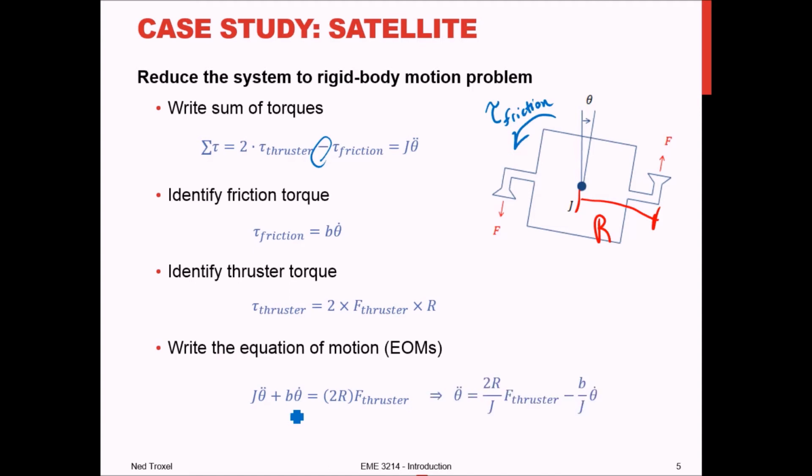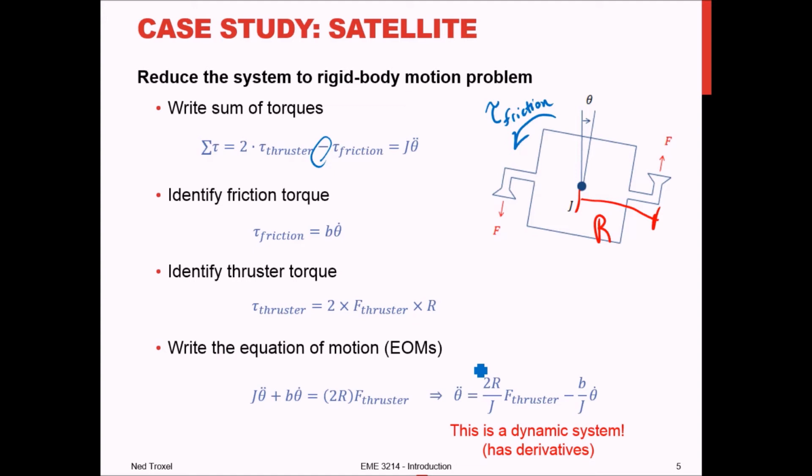I want to solve now for my angular acceleration, the highest derivative, and we'll find that's useful later. So this is a dynamic system. There are derivatives here. This differential equation tells me how the acceleration is affected by the forces, but it doesn't tell me the position. If I want the position, I need to solve the differential equation.